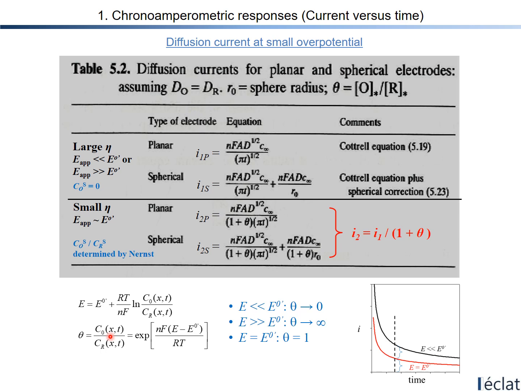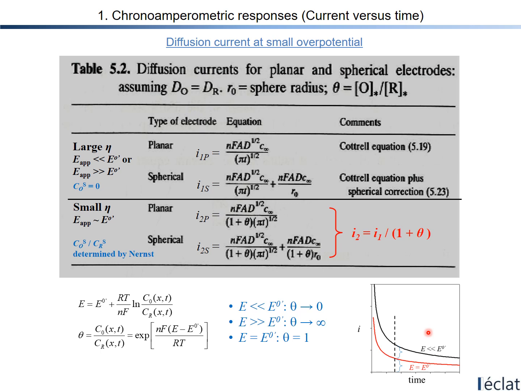In that case, the current at the formal potential is equal to the current at large overpotential divided by 2. So I mean just 50% of the current is obtained when you have applied the formal potential into the system.